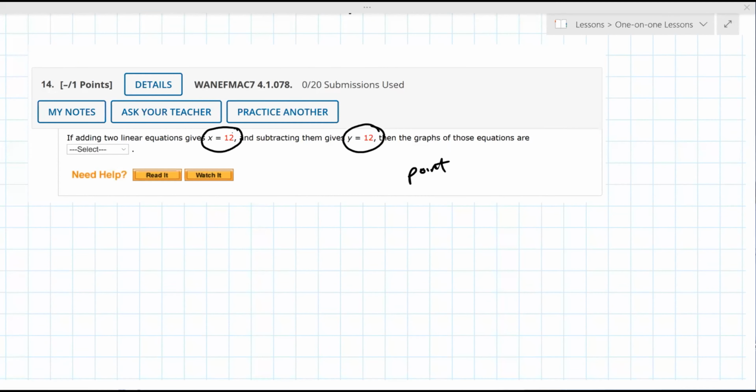Let me try to find an example of this. So x minus y equals 24. x plus y equals 0.